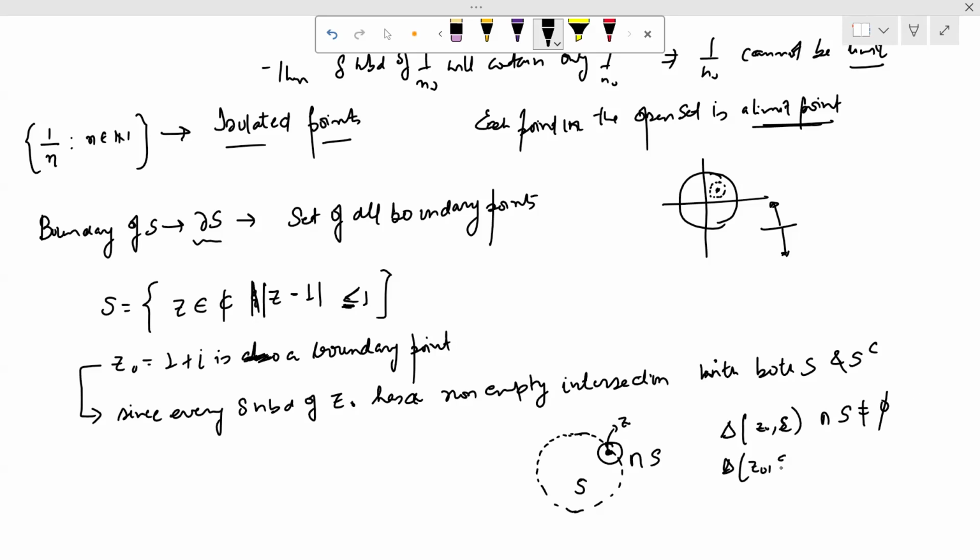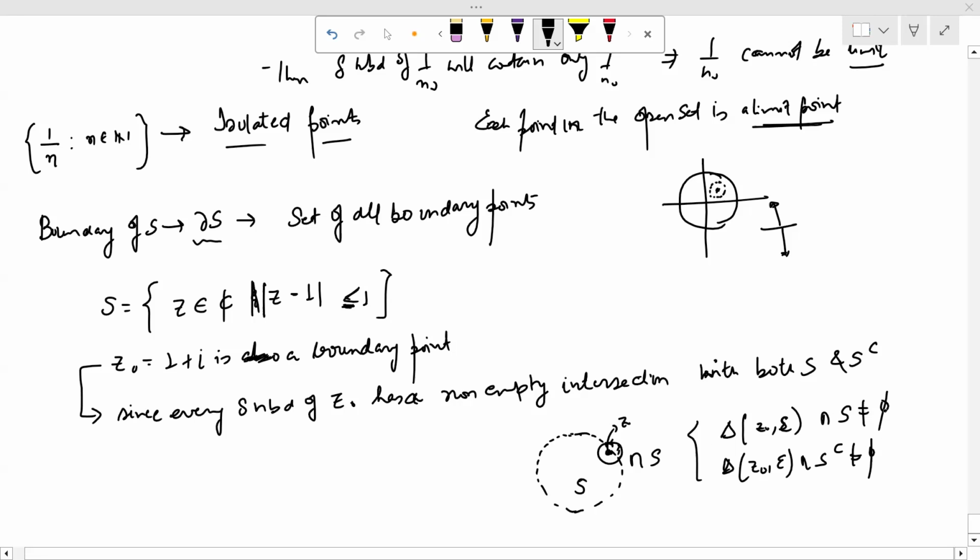And if I take any neighborhood and take an intersection with S complement also, this will also be non-empty, because these elements are there. So basically, if I take the intersection with S or with S complement of any neighborhood of Z naught, then this has to be a non-empty set. So this is how you define your boundary. Is that fine? Yes, sir. Okay.